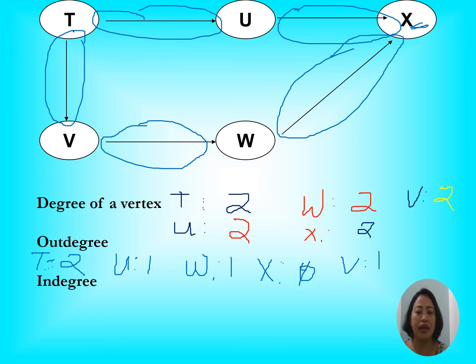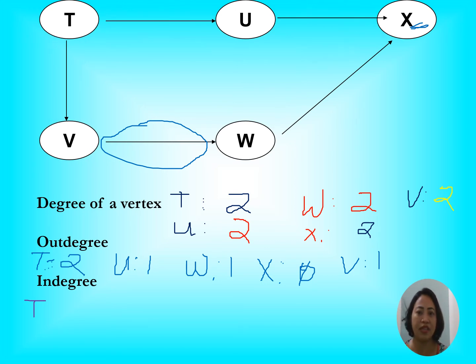On the other hand, when we say in degree, that is incoming to that vertex. So let's say in degree of T. How many edges are entering that vertex?